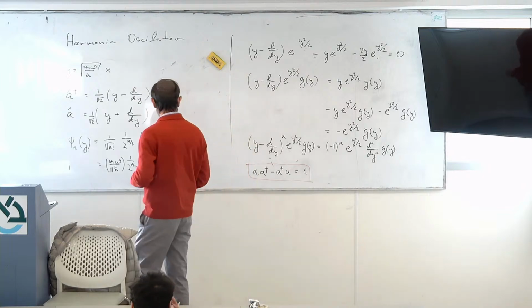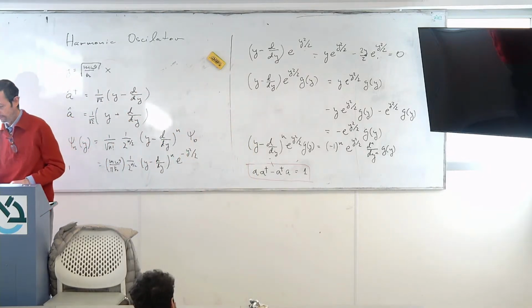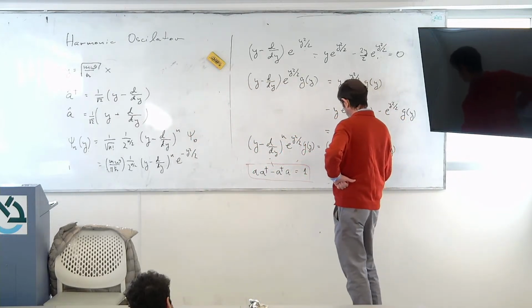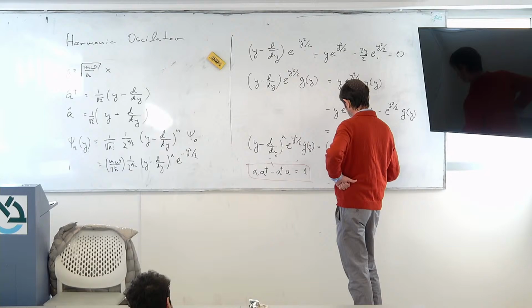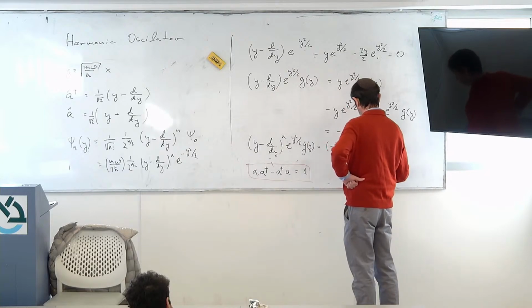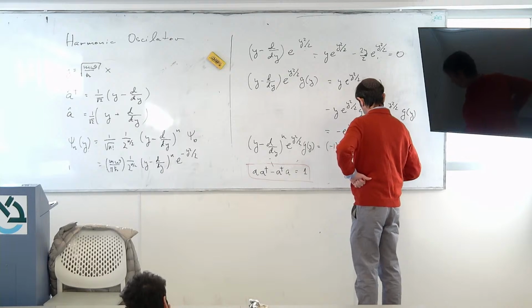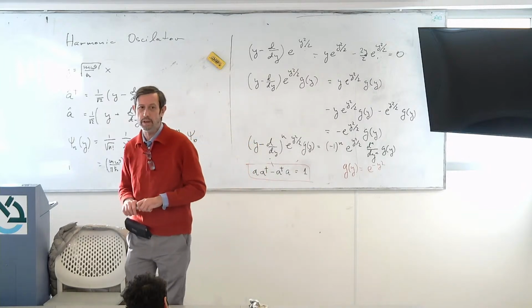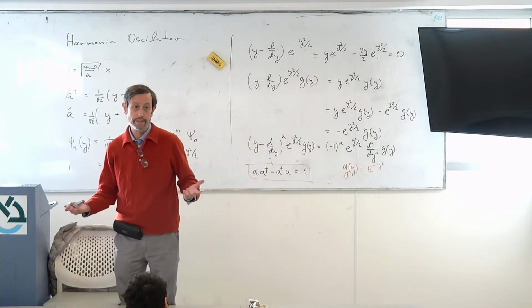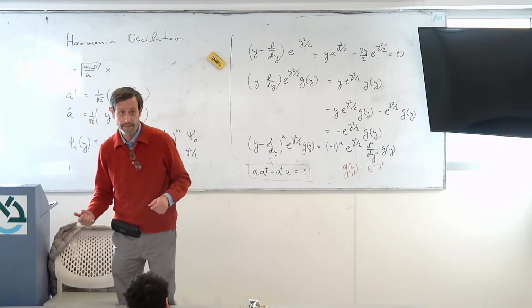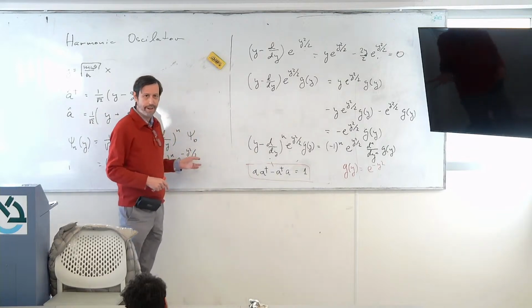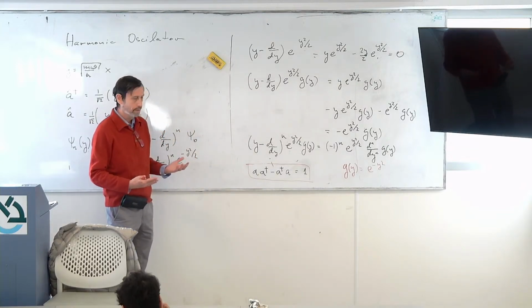But if I use as g, y, e to the power minus y squared, that's exactly what I want to calculate. So I don't have to worry all the time about this Gaussian.